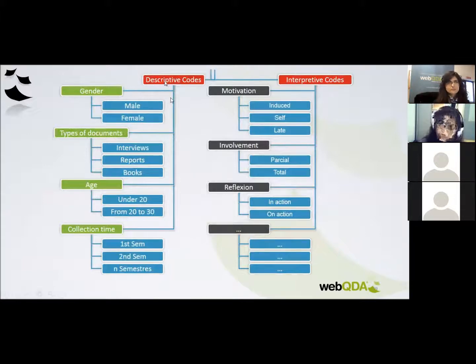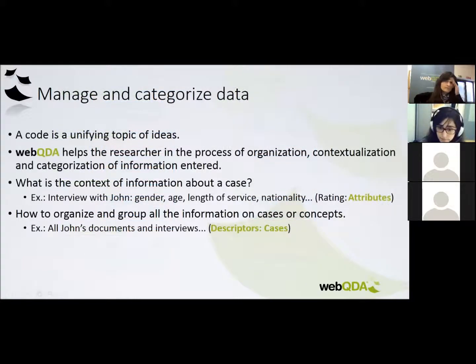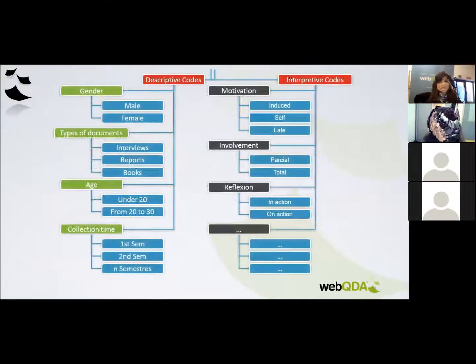But descriptive nodes are also very important, because you need to know who these people are. So you need to present the characteristics of your participants. To have descriptive codes, we will use descriptors, and to use interpretative codes, we will use tree nodes and free nodes.